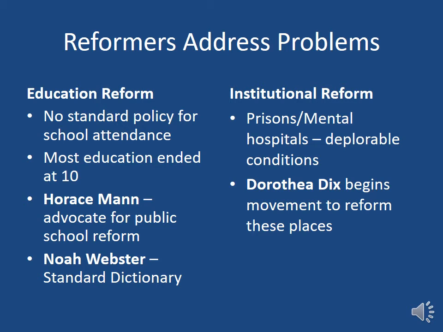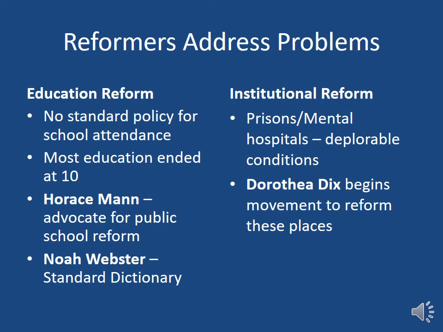Most kids' educations ended at the age of 10. Horace Mann was an education reformer, and he advocated for public school reform to keep kids in school and make sure that they graduated. Another education reformer was Noah Webster, obviously from Webster's Dictionary, and he developed the first standard dictionary.